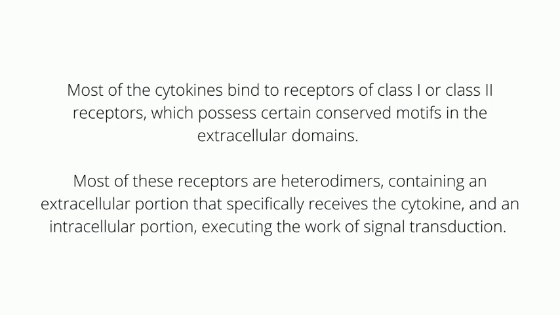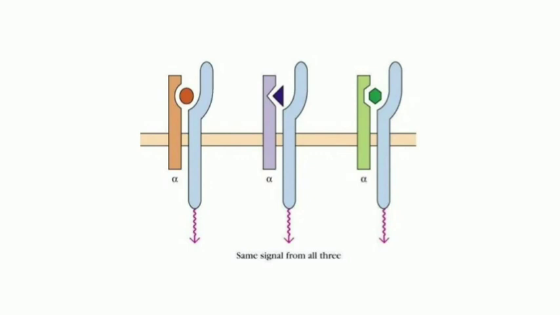Some of the class 1 receptors share a common intracellular signal transducing subunit, accounting for the redundancy seen among certain cytokines. Here, redundancy means that different cytokines are capable of bringing about the same effect independently.